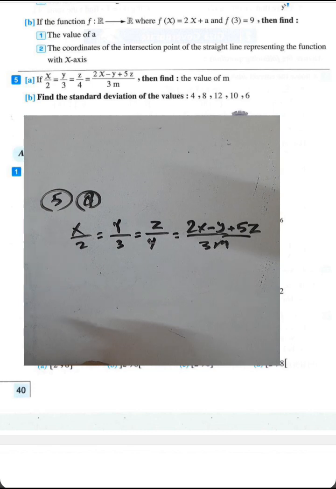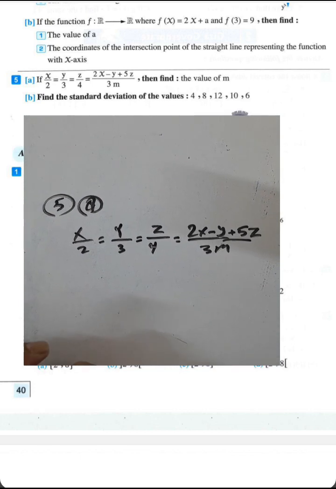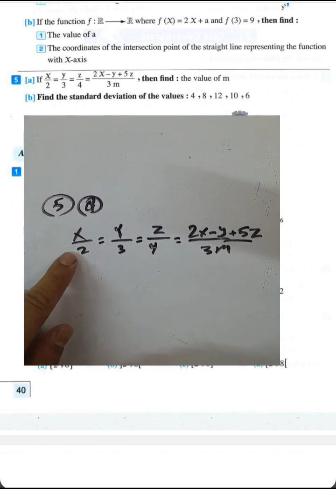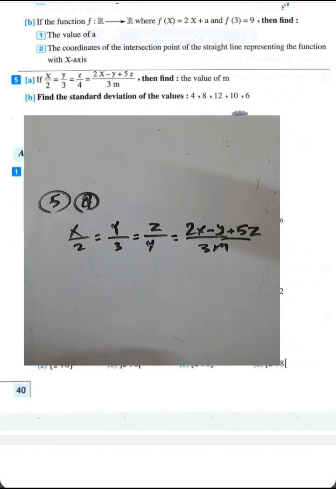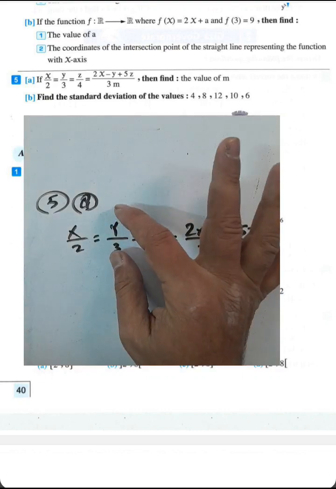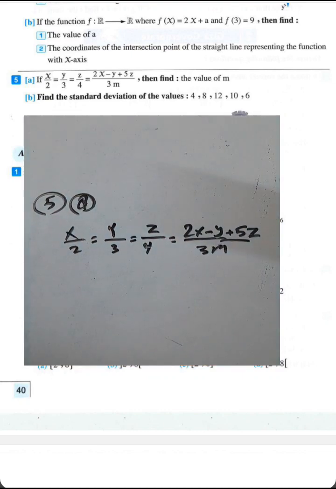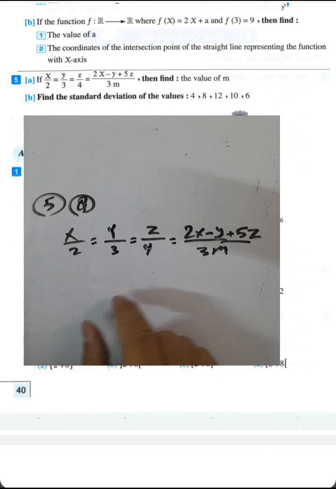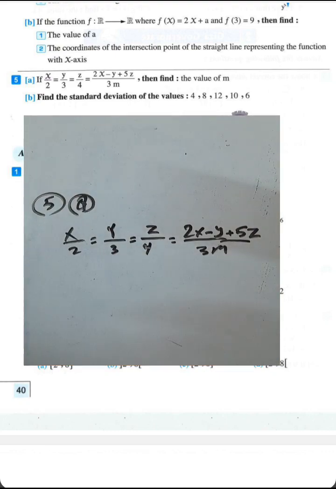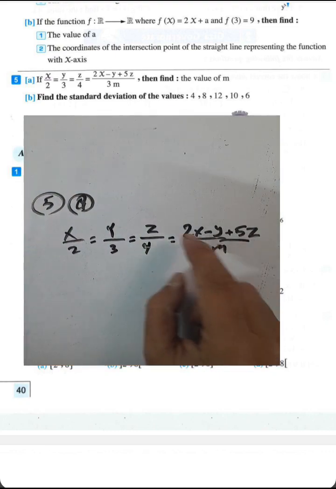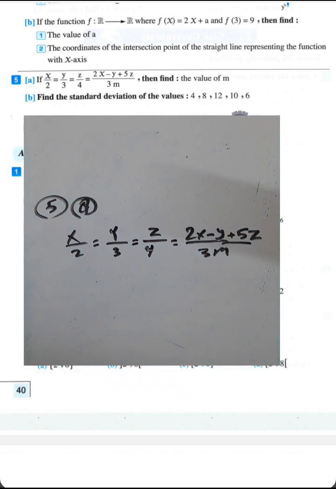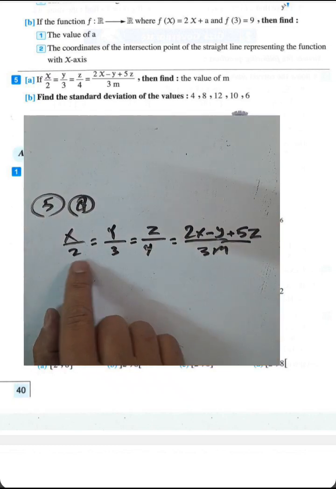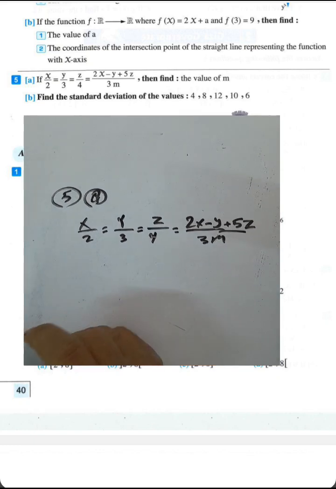So multiplying the two terms of the first ratio by 2, the second term here by -1, and the third ratio by 5. First, second, third.